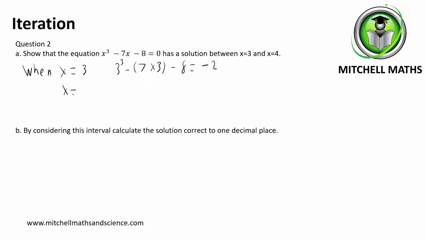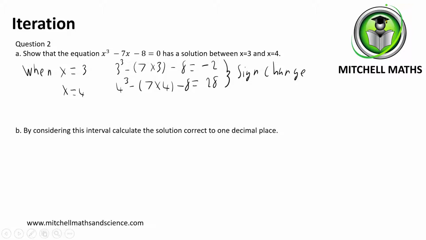And when x equals 4, we do 4 cubed minus 7 times 4, we're just inserting it in place of x, minus 8, and that equals 28. So what we can see is that there's been a sign change here. One's negative and one's positive, which means 0 must be between those two values. Therefore, the solution is between x equals 3 and x equals 4.